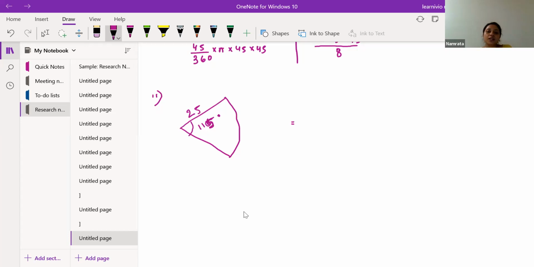Theta by 360, so 115 by 360 times pi r square. R is 25, that's squared. But here two blades are there, and both are doing the same job maintaining the same angle, same radius. So we can multiply it with 2 to get the total area covered by both the blades.